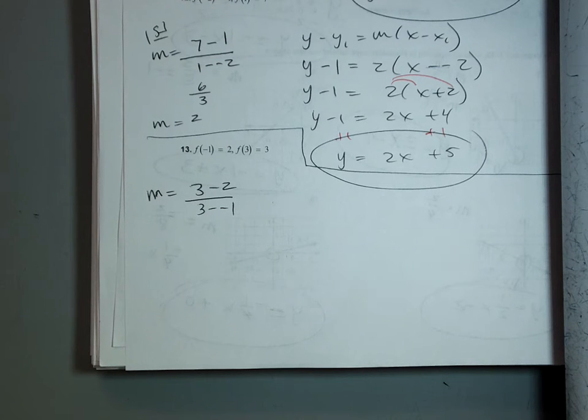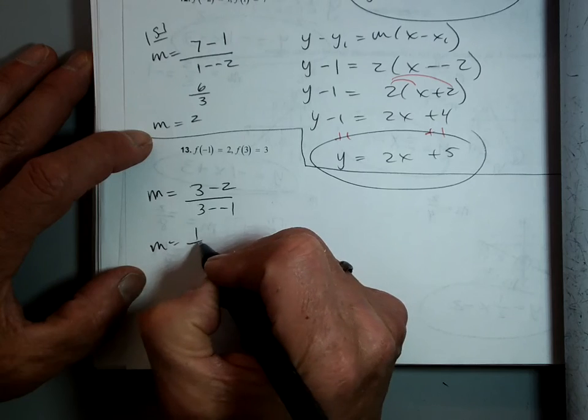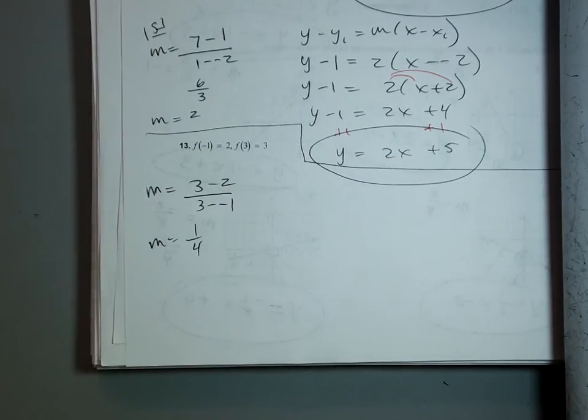Why is he switching? Because on number 12, he did 7 minus 1. And then on this one, 3 minus 2. Those are the wrong numbers. No, but why is he switching? It's the same thing. Yeah, I think so. Okay, so my slope is 1/4. Okay, thumbs up. Did you guys get 1/4 for slope? 1/4 the slope, okay?